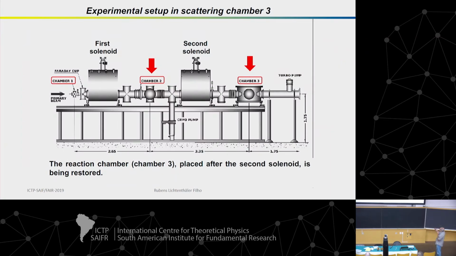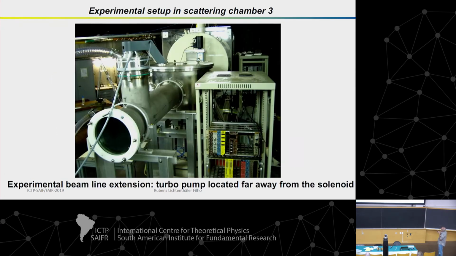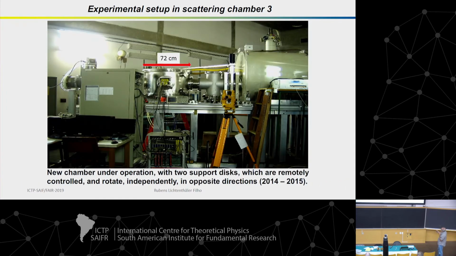Now I'll talk a little bit about the instrumentation that we use in secondary chamber number 3, after the second solenoid. This is a picture of the end of the system, and this is the last tube. This is a turbo pump, and this is the chamber. This is a lateral view, so you see that this chamber has a 72 centimeter diameter.